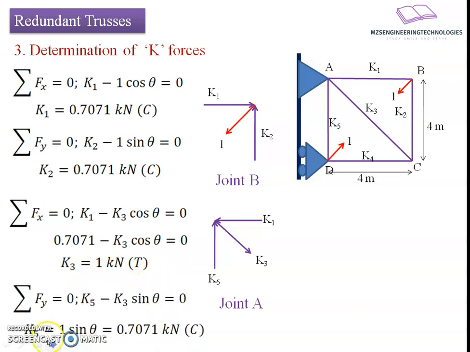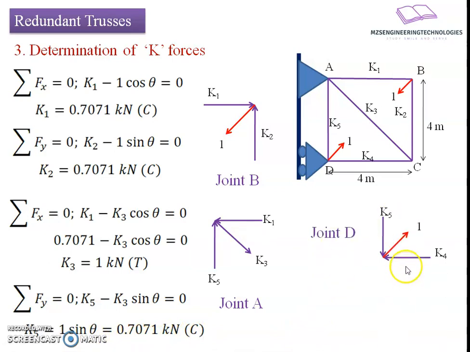If I write the summation of forces in vertical direction, we get the relation K5 minus K3 sine theta, K5 going upward minus K3 sine theta component going downward, resulting in the value of K5 as 0.7071 kilonewton in compressive nature.